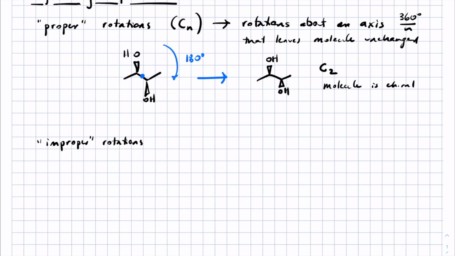Right, and we're going to talk about that. I guess, yeah, if you can find a C2 axis, it might be chiral. If you can find an improper rotation axis, it's definitely not chiral. So C1 molecules tend to be chiral. That's right. If there's no rotational axis at all, they do tend to be chiral. And there's some point group theory stuff that you can get into, but that we won't really need in this class.